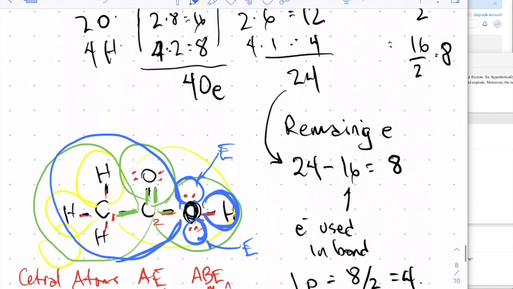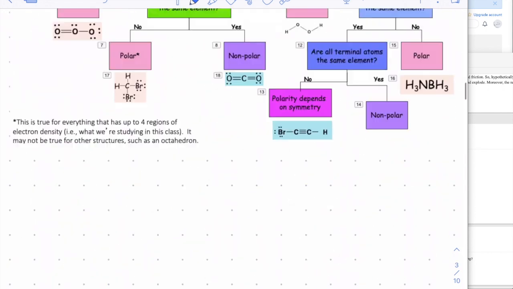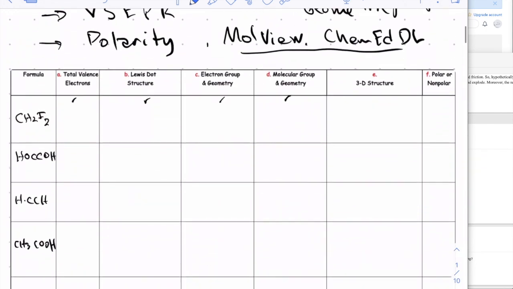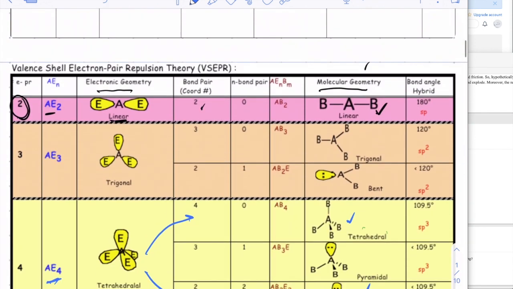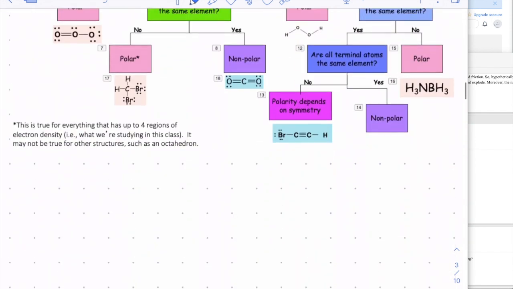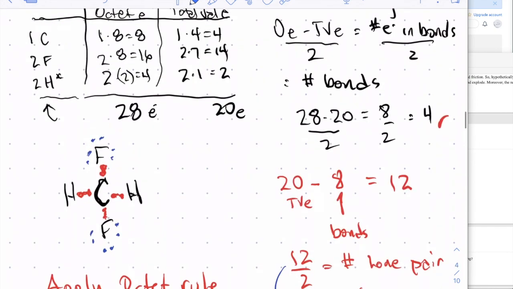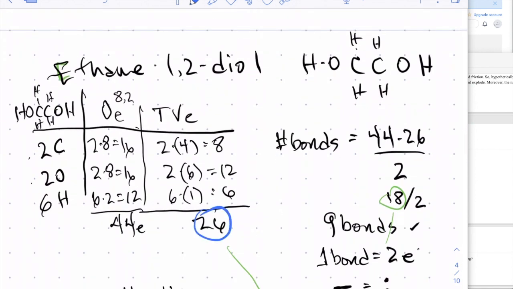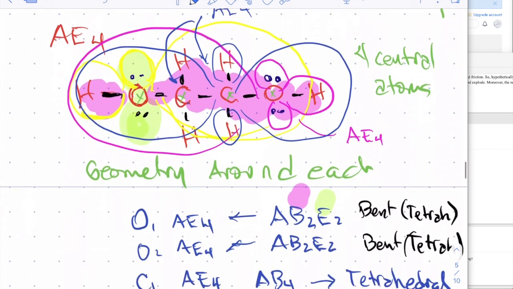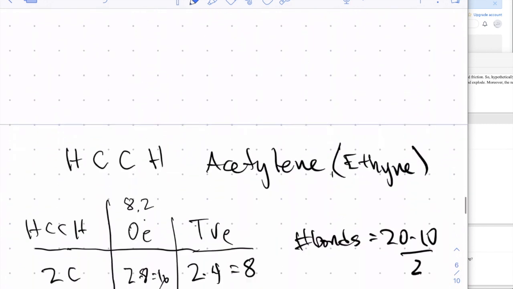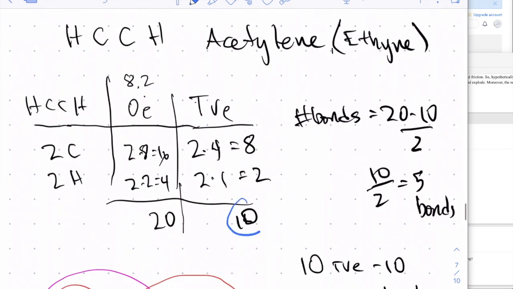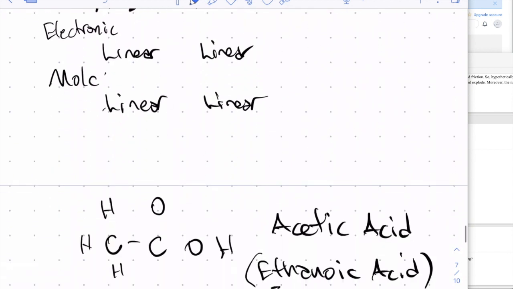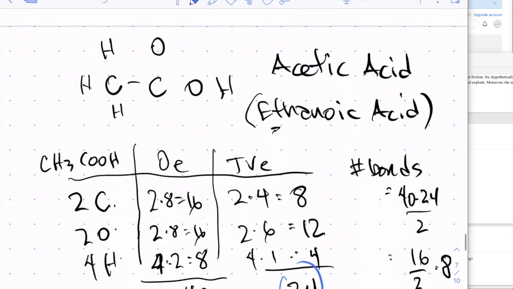So we can go to our chart here and finish this. Total valence electrons for difluoromethane. Let's go back over here. That's a total of 20. 20 for that, 26 for the second, 10 for the third, and 24.